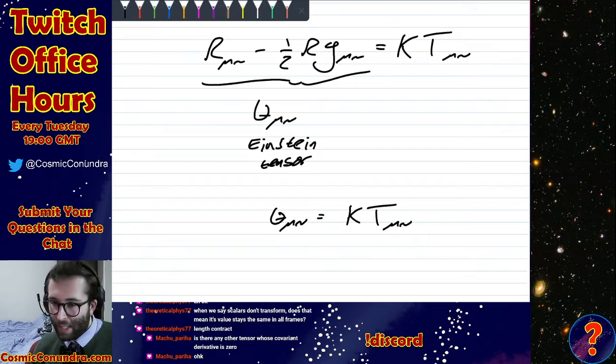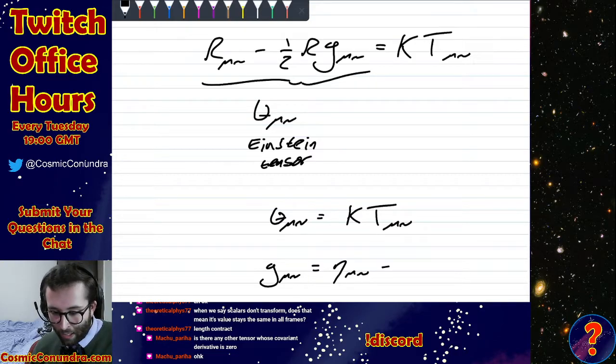For weak gravity, you expect your space-time to be more or less flat. So you take your metric and say it is the flat space-time metric plus some small contribution, h mu nu, which corresponds to a curved part.